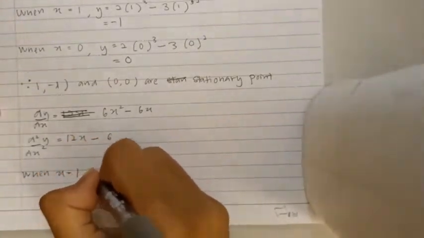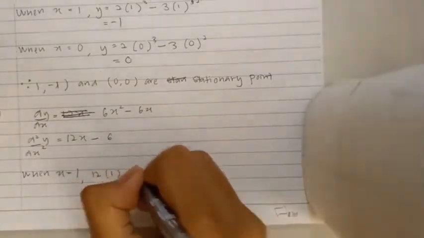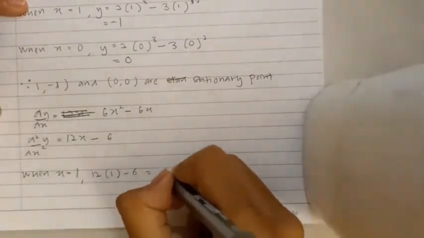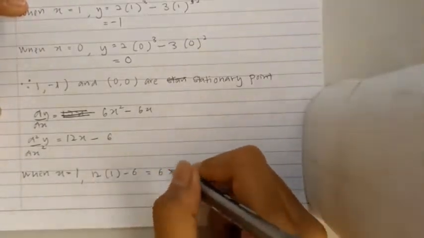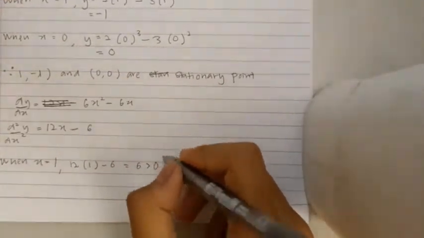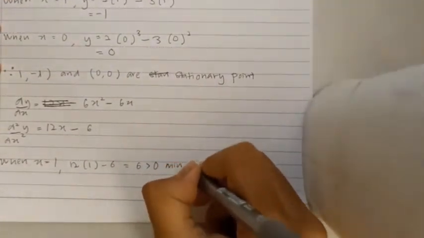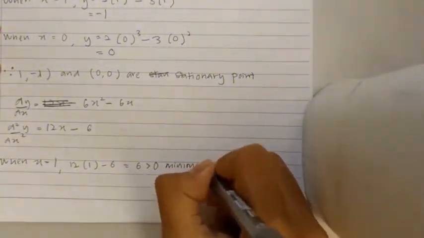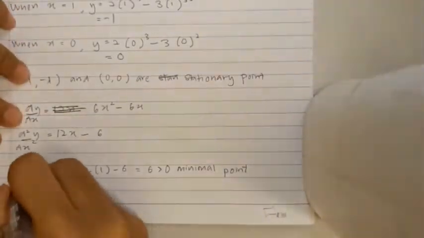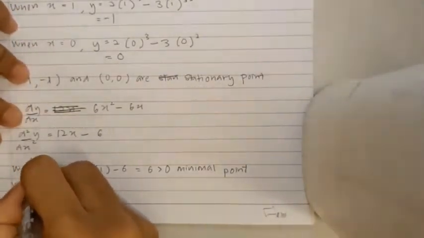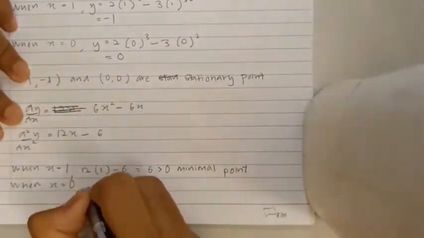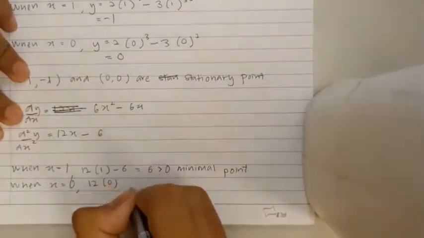Then we insert both values of x into the second derivative, which are 0 and 1. For the first one, the answer is 6. So 6 is bigger than 0, which means it is a minimum point. For the second one, the answer is -6. It's less than 0, which means it is a maximum point.